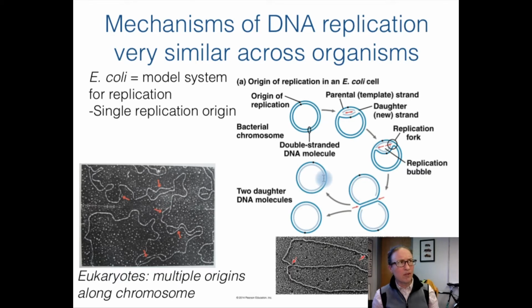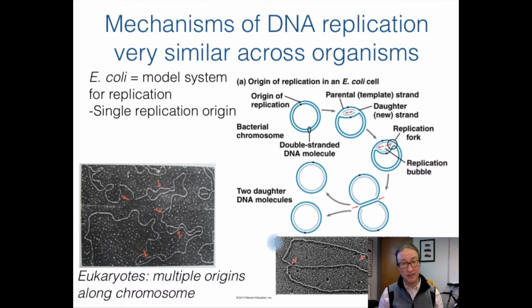We're going to be working with a lot of cartoons of this process, but I also think it's incredibly valuable to see real pictures of this process. So there's a couple of real pictures on this slide as well. If you can't see it completely because my head's blocking it, check the lecture slides in addition. But here in the lower right, we've got a picture of this process of replication taking place in an E. coli chromosome.